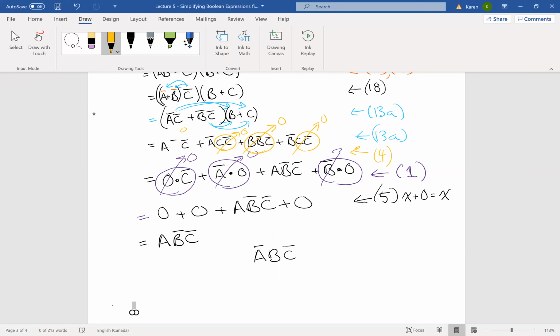And this one here would have been A, B, C bar. A, B, C bar.